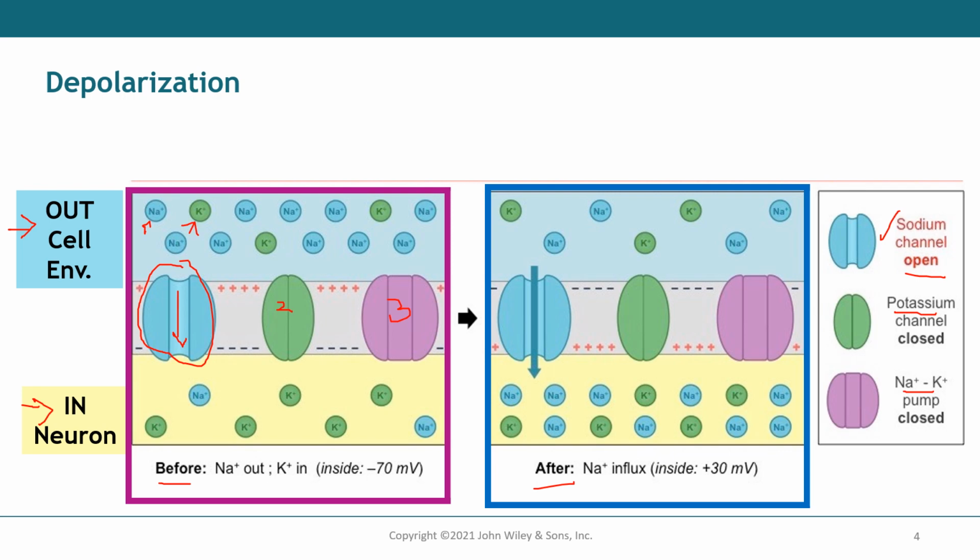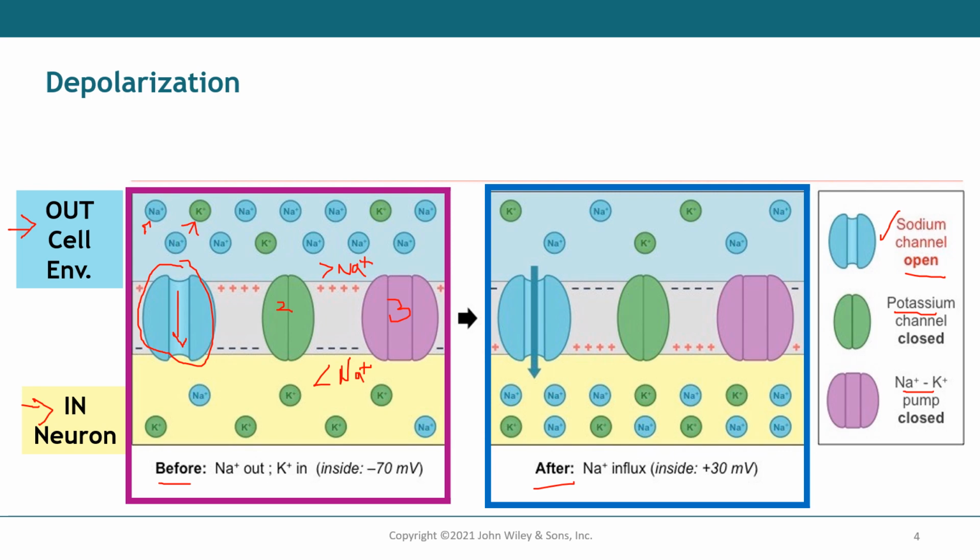If you see, there is a lot of sodium here, there is a lot of sodium here. So what is going to happen? The sodium is going to move to a place where there is a lower concentration of sodium. So it's going to move inside of the neuron.